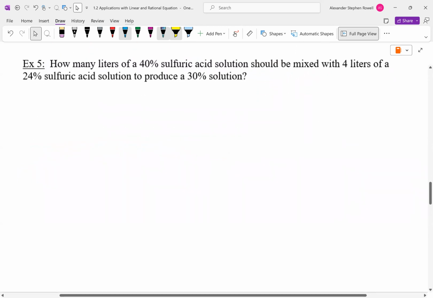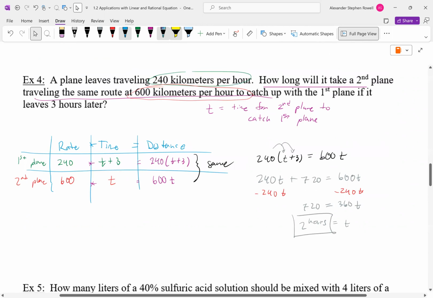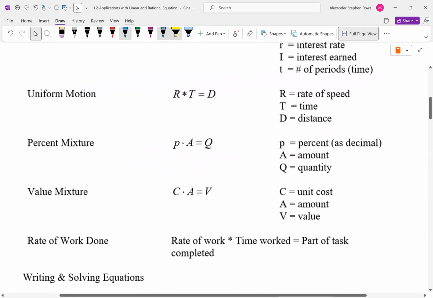All right, example 5. How many liters of a 40% sulfuric acid solution should be mixed with 4 liters of a 24% sulfuric acid solution to produce a 30% solution? What type of question is this?